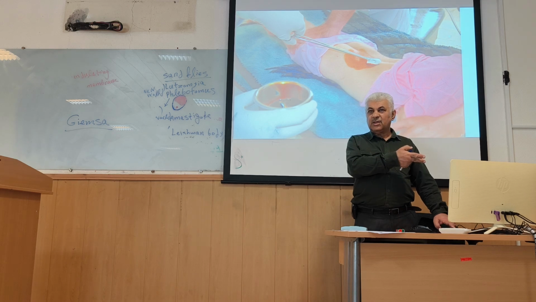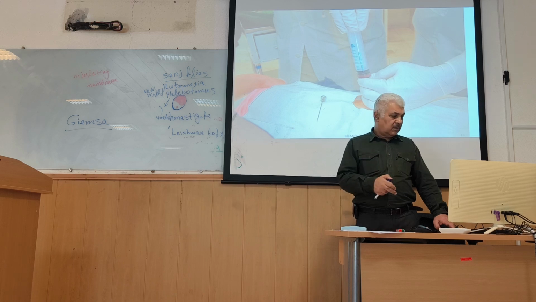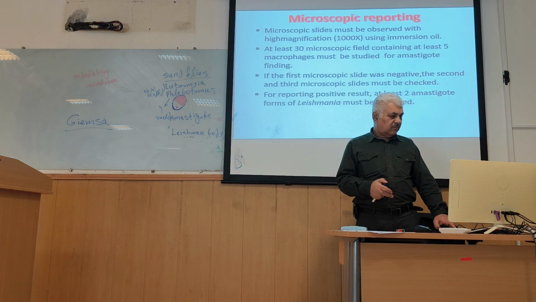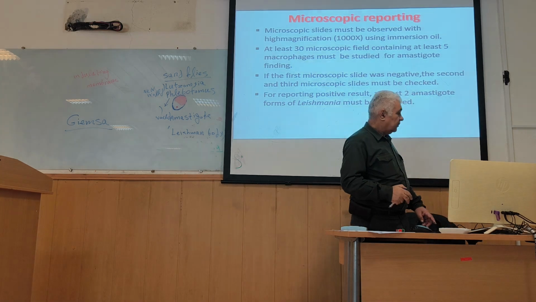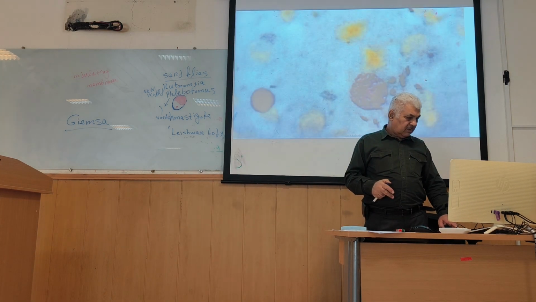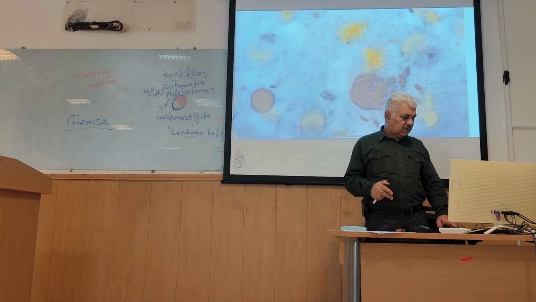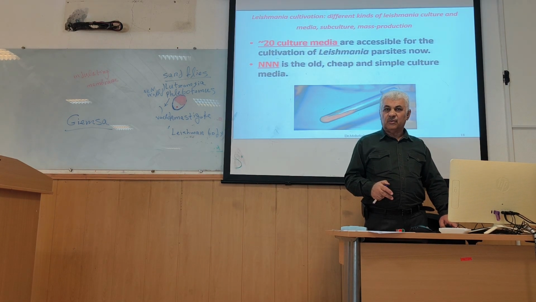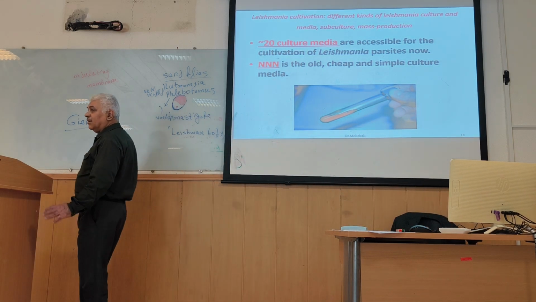Here is bone marrow aspiration in the Imam Khomeini Tehran infection department, from a patient suspected of visceral leishmaniasis, and we can see infected macrophages containing amastigotes. And the second stage is culture media.